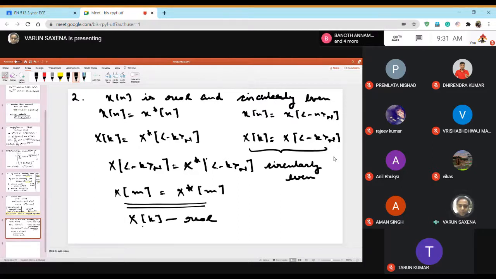So that means now you can say that capital XK is real plus circularly even. So this is the result. The result is that if xn is real and circularly even, its DFT is also real and circularly even. Okay, so this is the result.